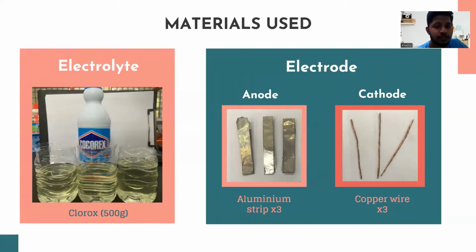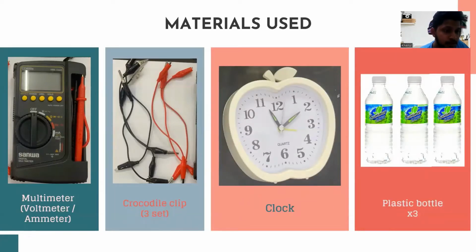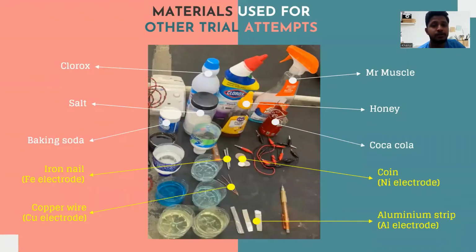Firstly, the electrolyte we used is the Clorox solution, and the electrodes are an aluminum strip as the anode and copper wire as the cathode. We used a multimeter to check the voltage and current flow in our circuit, crocodile clips, plastic bottles, and other materials used during our trial attempts: Mr. Muscle, salt water, honey, baking soda, Coca-Cola, a coin as a nickel electrode, an iron nail as a ferrum electrode, copper wire, and aluminum strip.